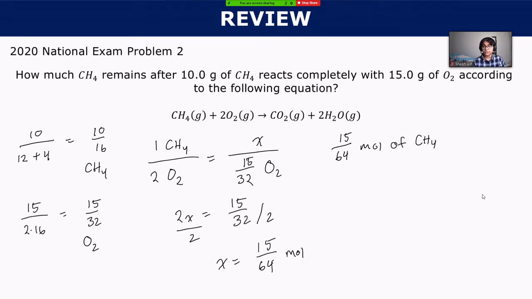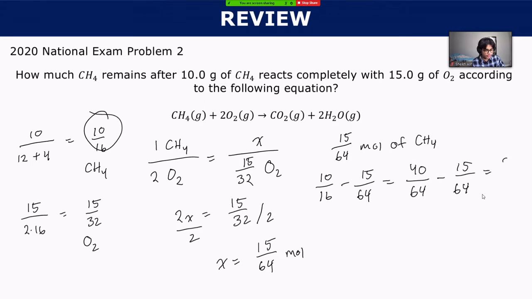And so how much CH4 is left? Well, we know that the moles of CH4 that we have is 10 over 16, which we found out over here. And we know that we need to use 15 over 64. And if we just do a bit of math, it's 40 minus 15 over 64, 25 over 64. We have 25 over 64 moles of CH4 remaining.